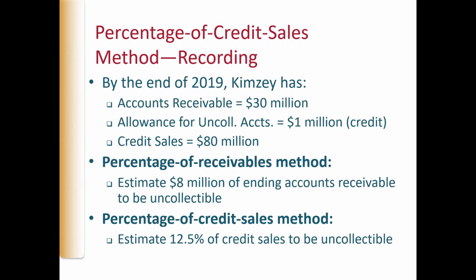Using the percent of credit sales method, we would estimate 12.5% of credit sales to be uncollectible. Using the percentage of receivables method, we estimate 8 million of ending accounts receivable to be uncollectible.